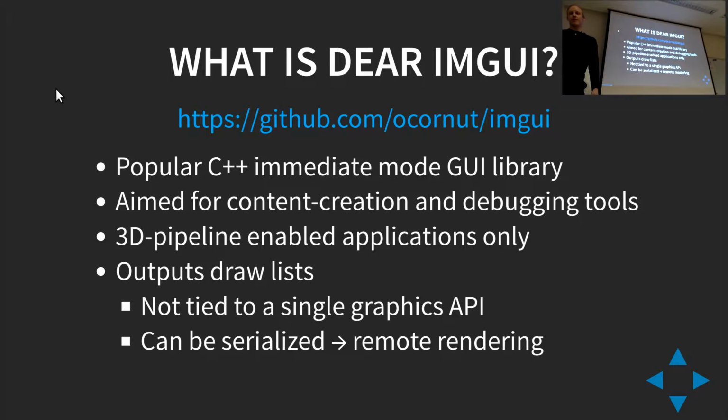So you could have an application running the IMGUI code on one machine, but have the renderer on a completely separate machine. Or you could even use WebGL to show the user interface. There's a lot of possibilities. Personally, I think this is one of the genius design choices in the original Dear IMGUI library, because it's very flexible.